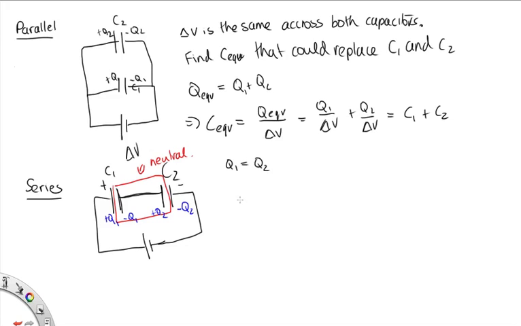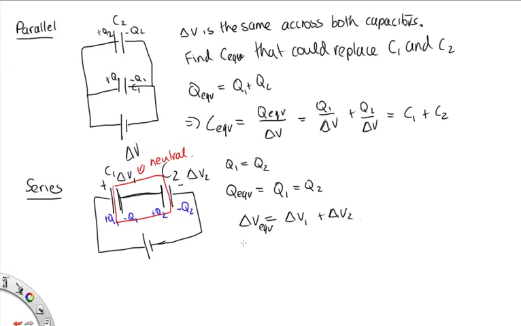So now the question is, what equivalent capacitance can we replace C1 and C2 with? So Q equivalent, the charge on each of the equivalent capacitor's plate, is going to have to equal Q1, and it equals Q2. This one will have a voltage difference V1 across it and this one V2. So the voltage difference across the equivalent capacitor will be V1 plus V2.